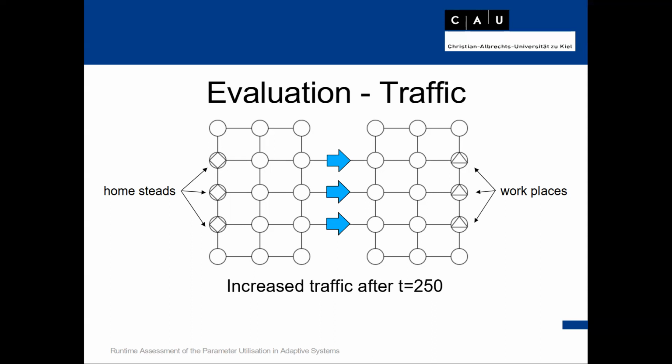And in the morning, the homesteads spawn 500 cars at t equals 250, which then start to drive from left to right. And in the evening, we have the same in the opposite direction. At these 2 time points, we have increased traffic flow, which causes each intersection involved in the increased traffic flow to reconfigure their red light times.